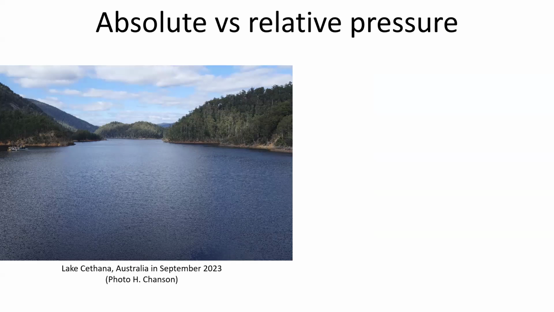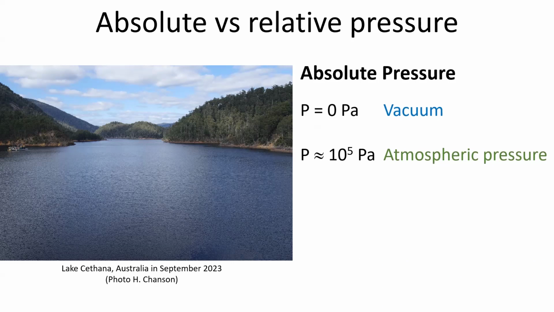The pressure may be expressed as an absolute pressure or a relative pressure. An absolute pressure is always positive, with its lowest value, 0, corresponding to an ideal vacuum. On planet Earth, the atmospheric pressure would correspond to an absolute pressure of about 10^5 pascals.